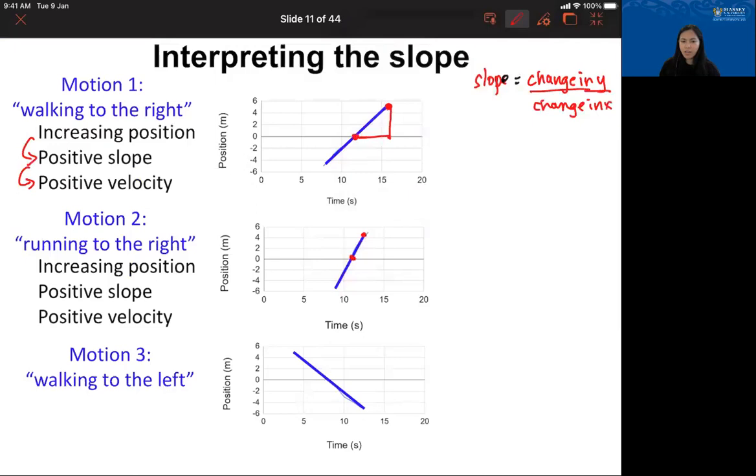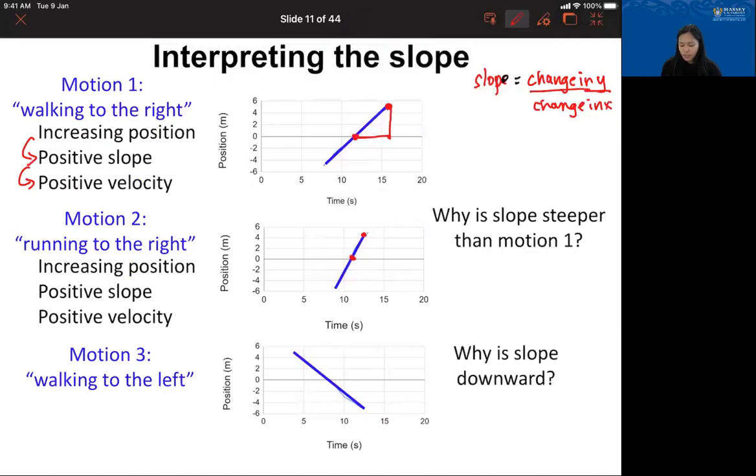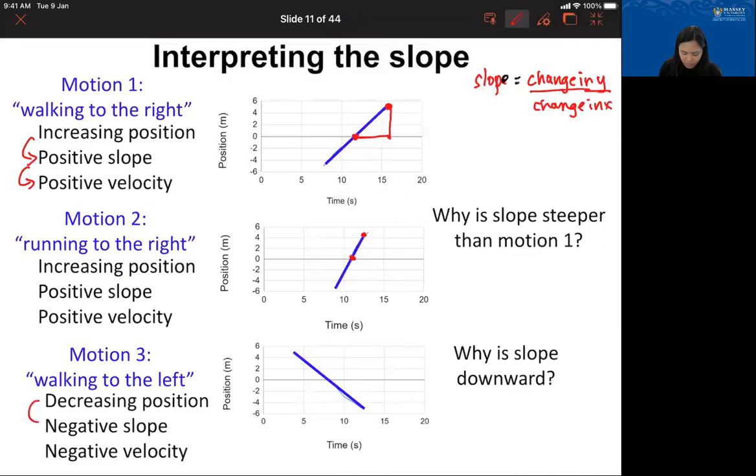And when you have a slope that's going downwards, that means that you are moving to the left, or you're decreasing your position. Your final position will be smaller than your initial position. And therefore, you'll have a negative slope, and negative slope means negative velocity.